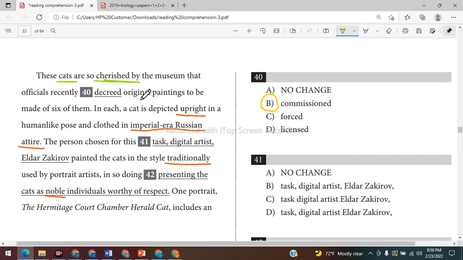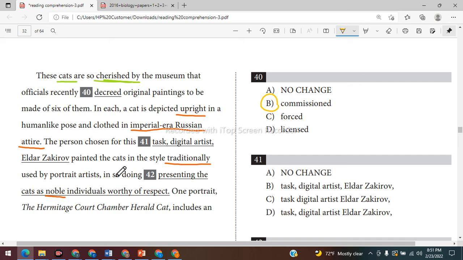Number 41. The person chosen for this task, comma, digital artist Eldar Zakirov painted the cats in the style traditionally used by portrait artists.